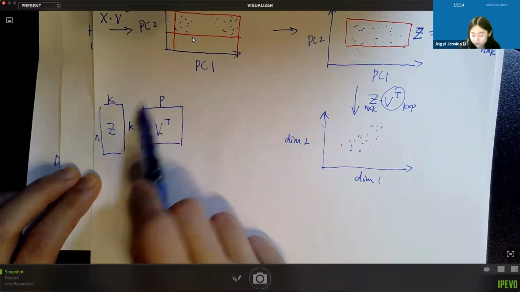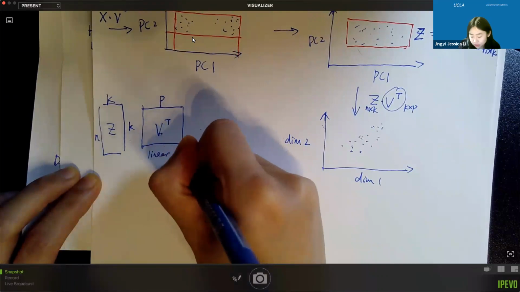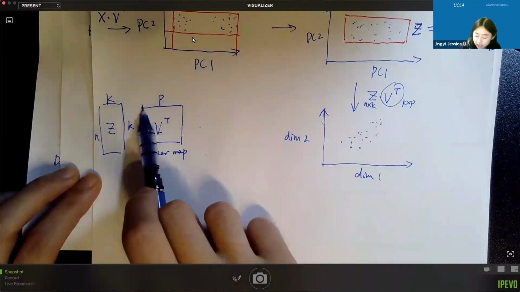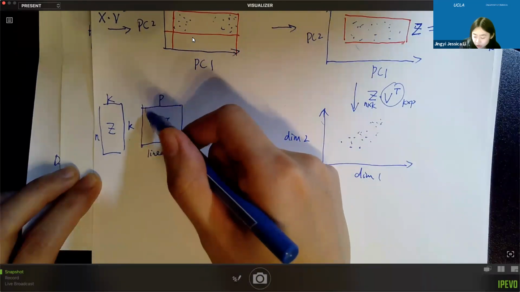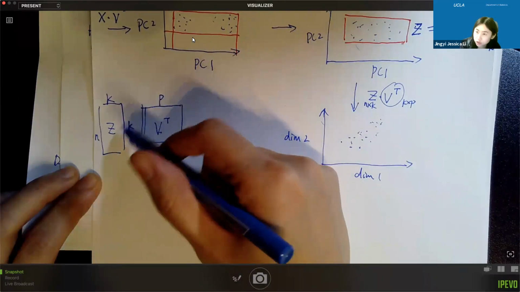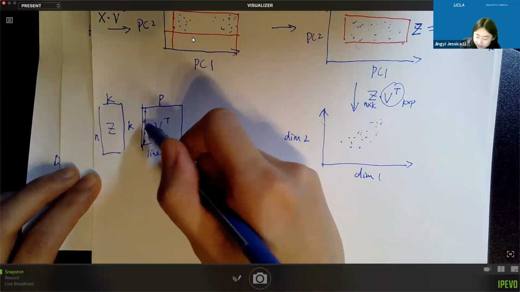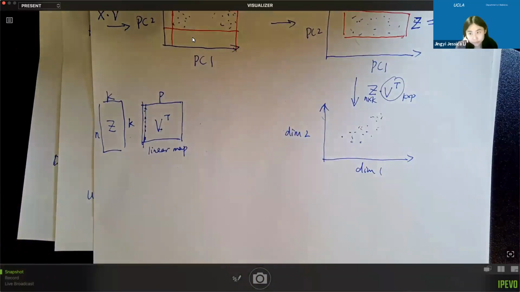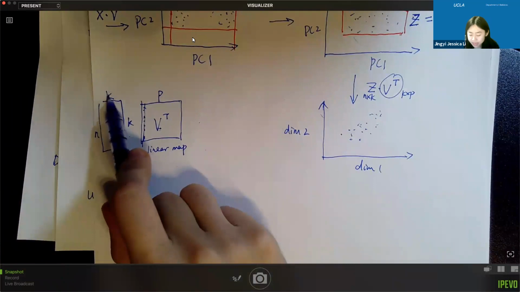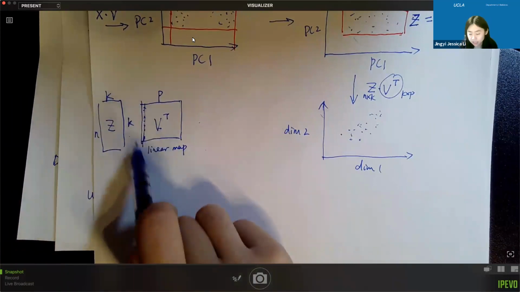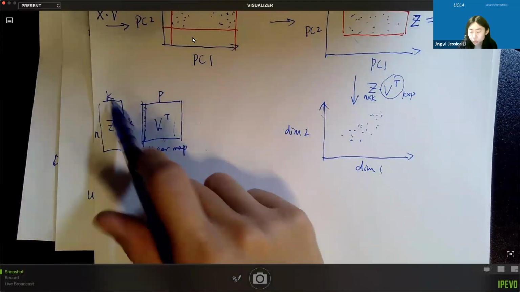And then this transformation or this linear map is just telling you what each new basis in the new space corresponds to in the original k-dimensional space. So each value here of the k values is a weight. It's just how much contribution each of the k bases makes to a new basis in the p dimensions. So we'll have p columns for p weight vectors.